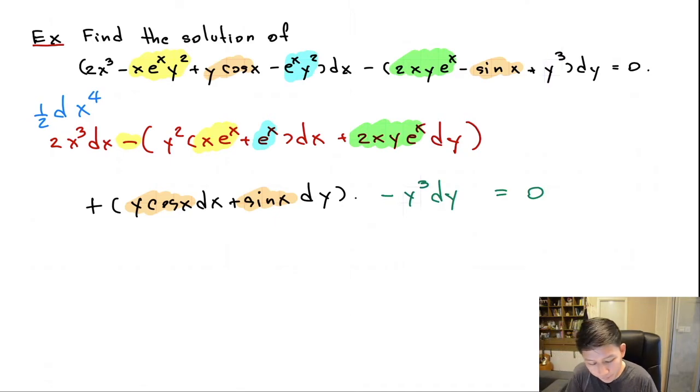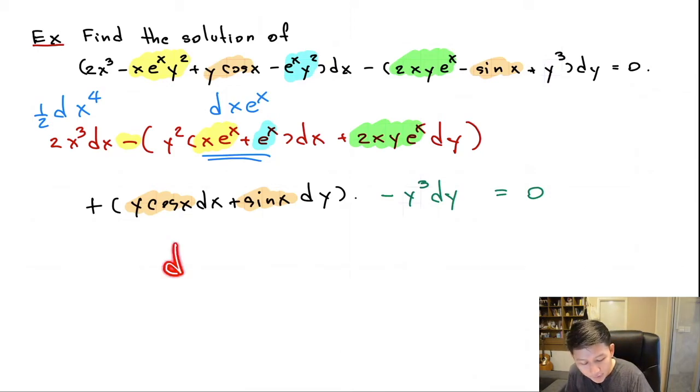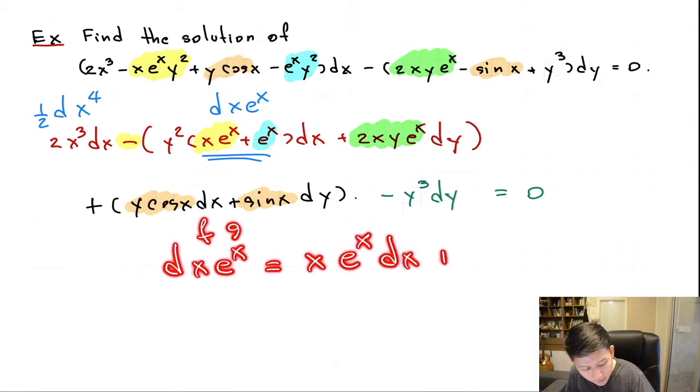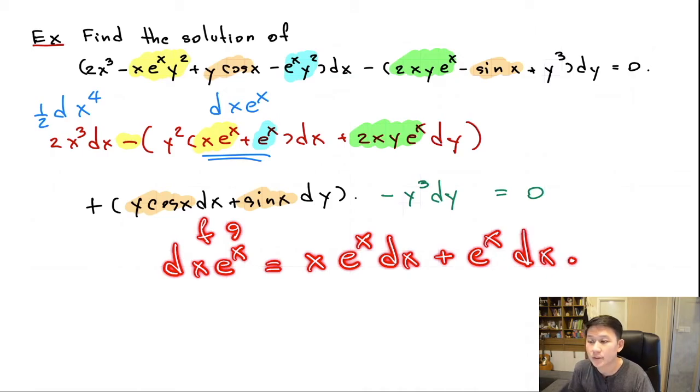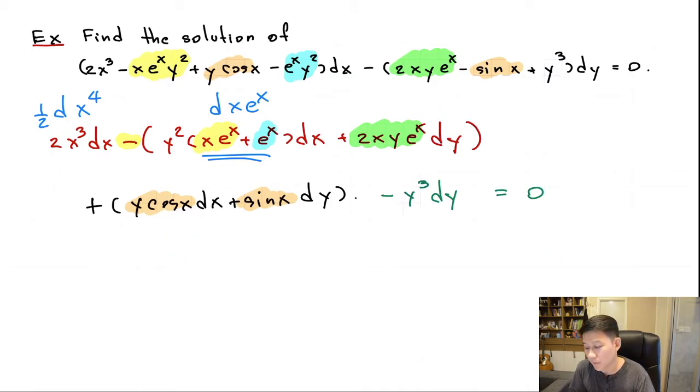Okay. And then if you look at this guy, it's actually dx e to the x. Did you remember? D of x e to the x is d of fg, right? So it's x e to the x dx plus e to the x dx. Make sense? Okay.